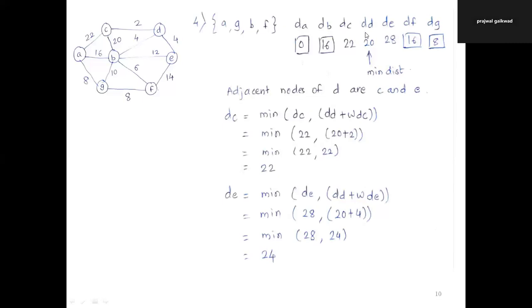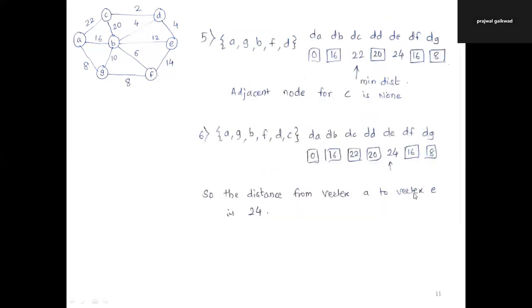Likewise, go on relaxing all the edges. We have relaxed A, B, G, F. Now D will come into the picture, as from the remaining, whichever is minimum, we are going to relax that. So it is 20. So dD, again check the adjacent nodes of D, it is C and E. So 22 and 24 likewise.